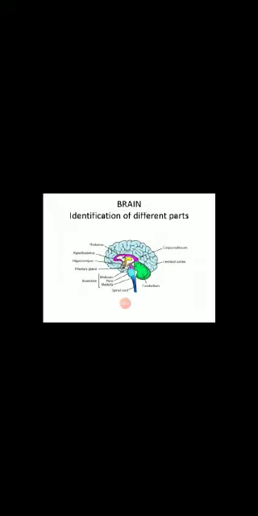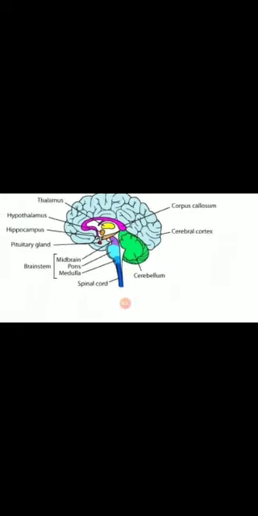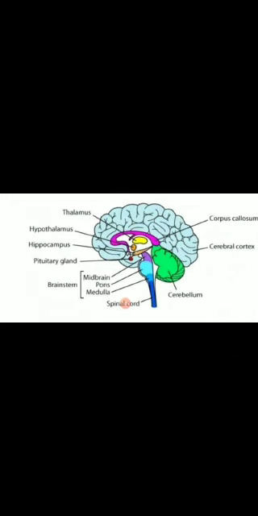In this diagram that I am showing to you, we have to identify different parts like the light blue color cerebrum, the cerebellum, green in color, spinal cord, medulla, and pituitary gland, which you can see in red color, and then the hypothalamus. You have to identify only these parts that I told to you.